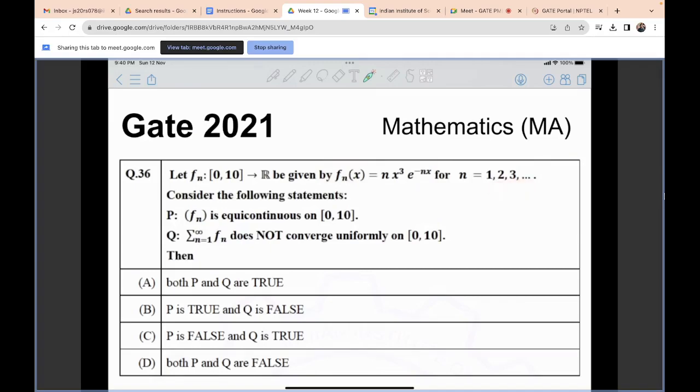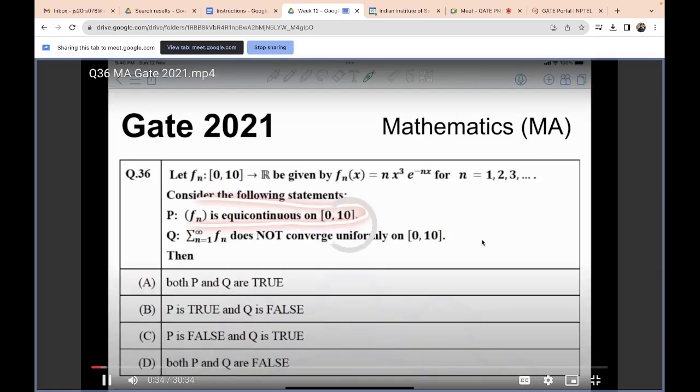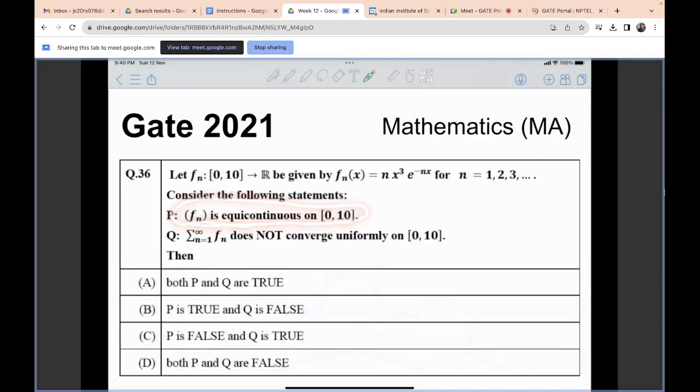Then two statements are given. Statement P says that fn is equicontinuous, meaning this family is equicontinuous in the interval 0 to 10, a compact interval.